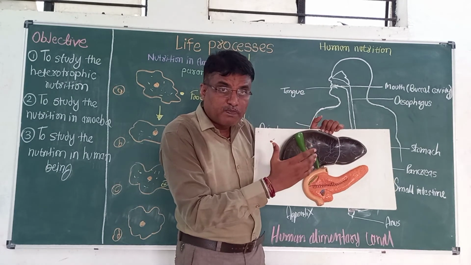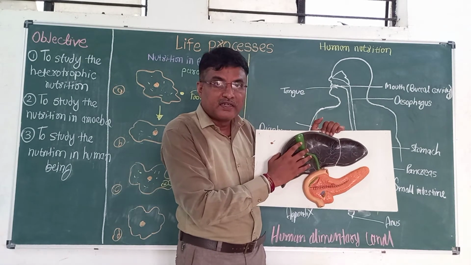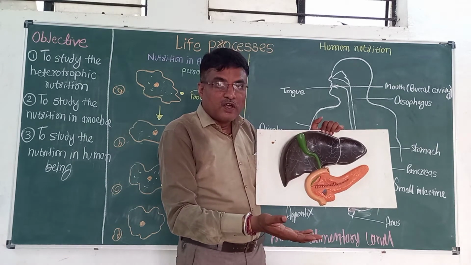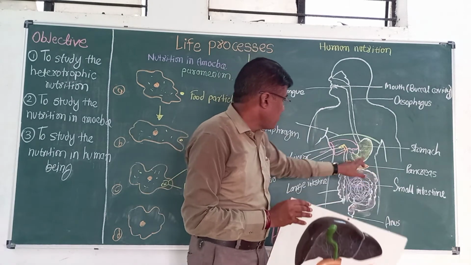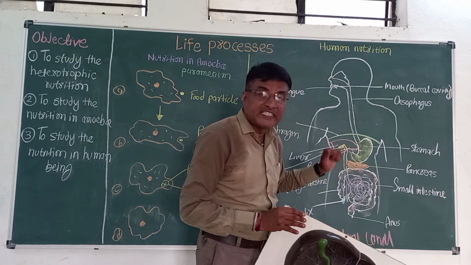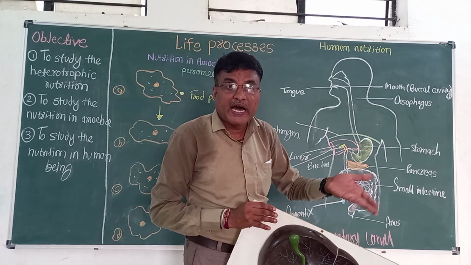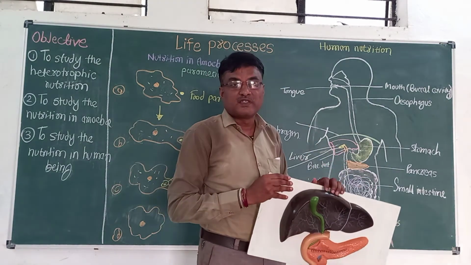What is the function of this bile juice which comes in the small intestine? When the food comes from stomach to small intestine, that is acidic food. That acidic food is made alkaline by this bile juice.